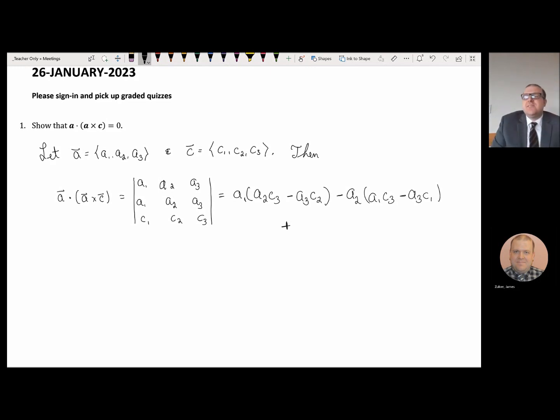Then plus A3, eliminate row 1, column 3, take the determinant of the resulting 2 by 2 matrix. A1C2 minus A2C1.